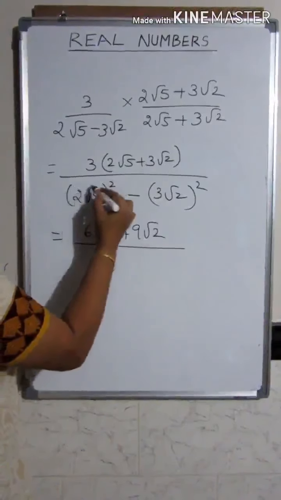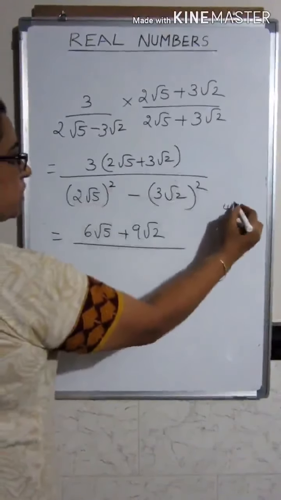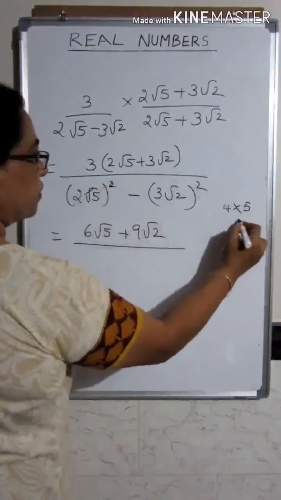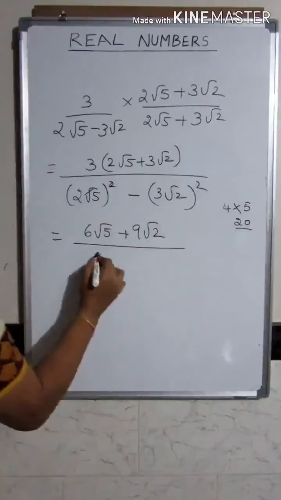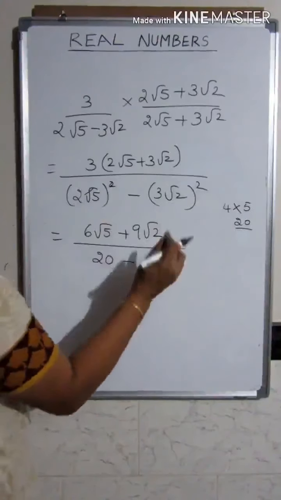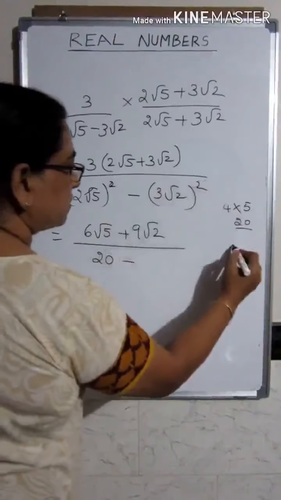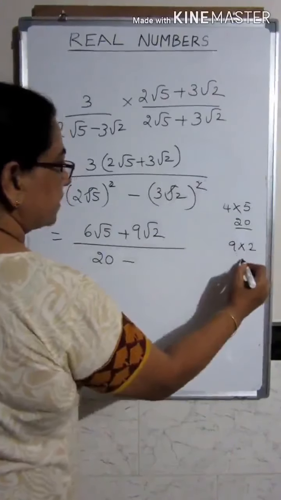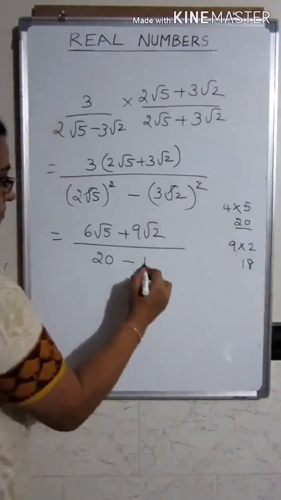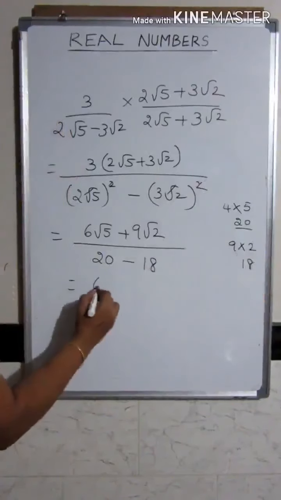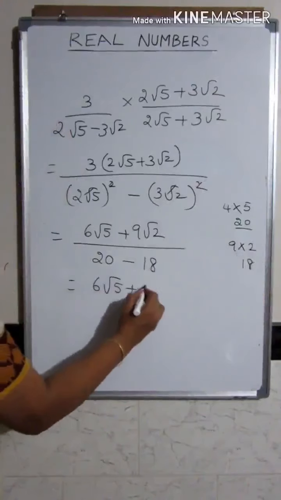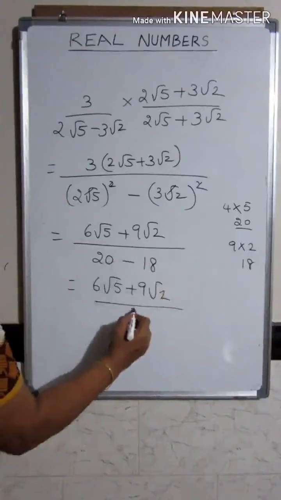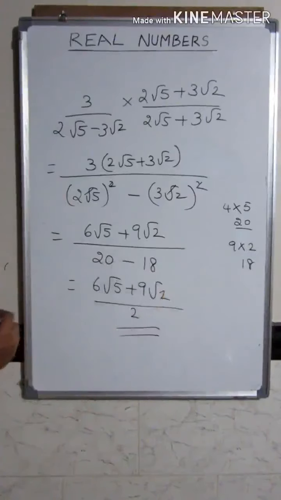So this 2 when you square you get it as 4, and here this root and square gets cancelled, so you will get it as a 5. 4 into 5 will be 20. So the first term will be 20 minus, here when 3 when you square it, 3 square is 9 into this root and square gets cancelled, you will get 9 into 2 as 18. So this will be 6 root 5 plus 9 root 2 upon 20 minus 18 is 2. So this will be your answer.